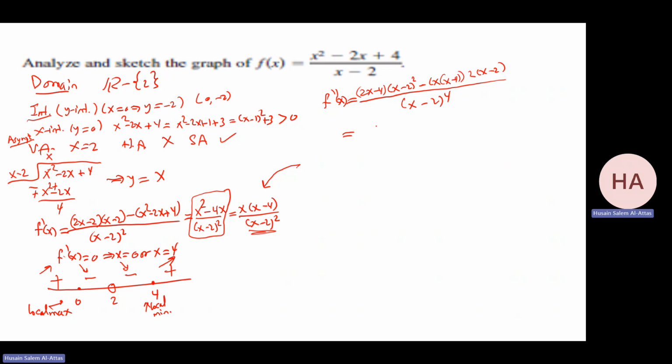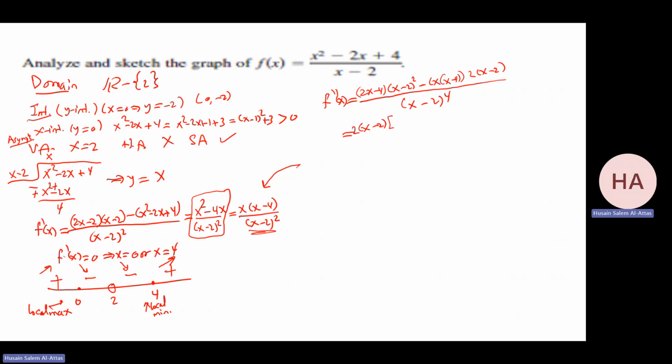I will take x minus 2 as a common factor, so I have (x minus 2) cubed in the denominator. I can take 2 also as a common factor to save time.